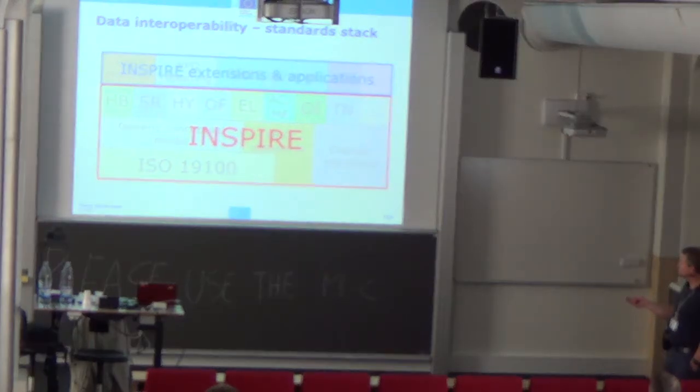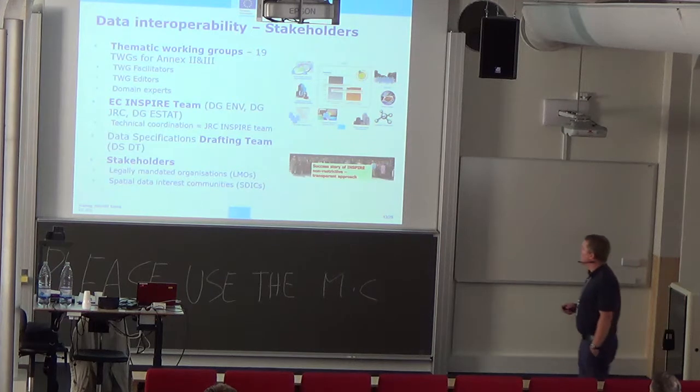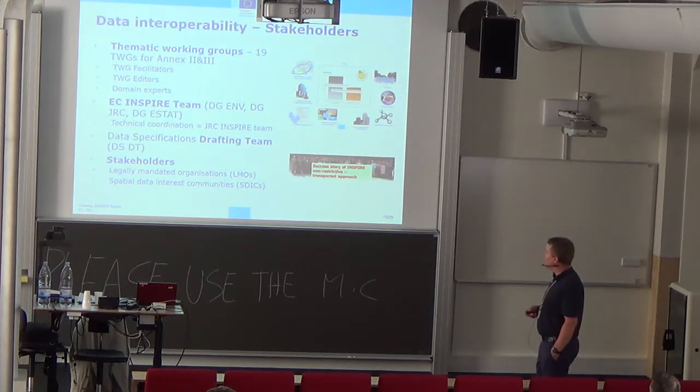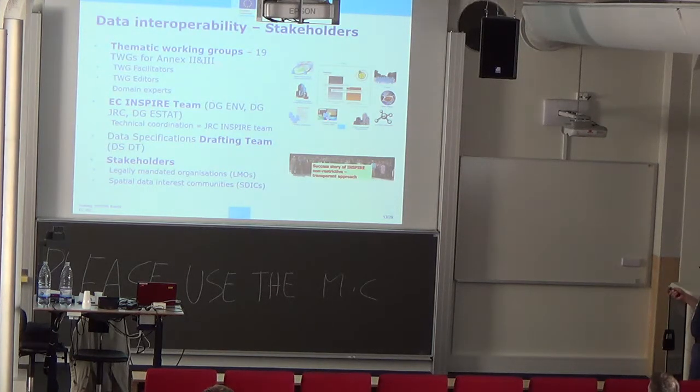Regarding stakeholders, or who worked on the development of data specifications: as I mentioned already, different technical working groups. For example, for the Annex 2 and Annex 3 themes, we had 19 working groups.